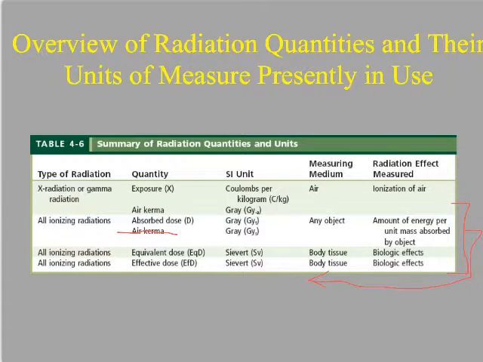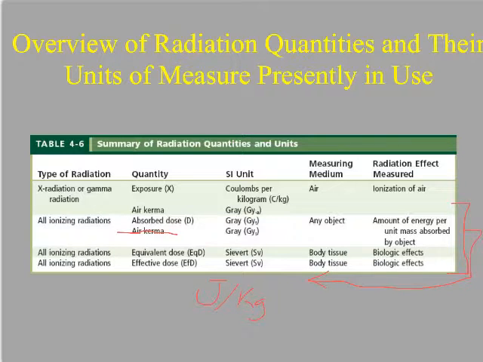Does anyone know what that unit is? It's joules, which is the unit of work. Joules per kilogram. They all mean exactly the same thing. So I'll say that again.